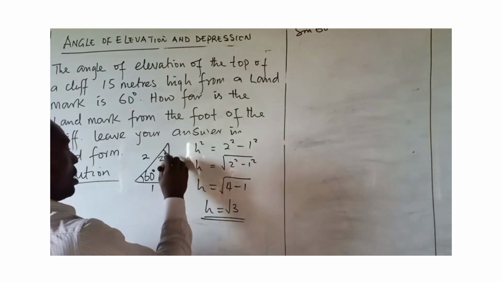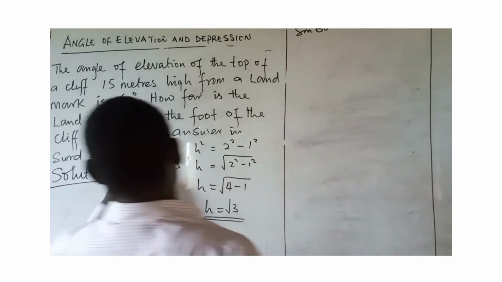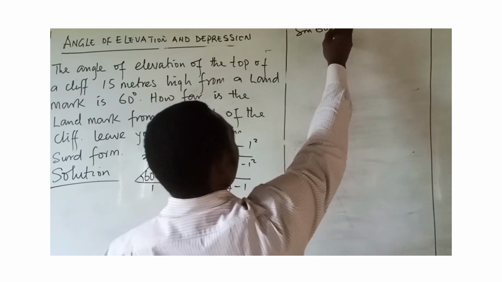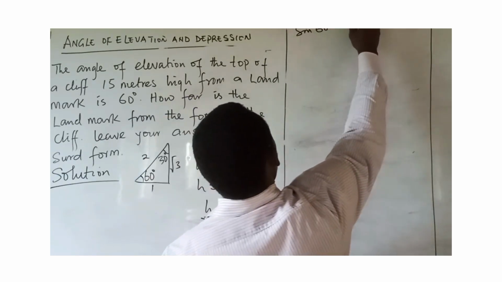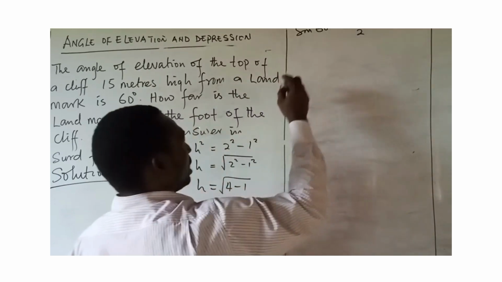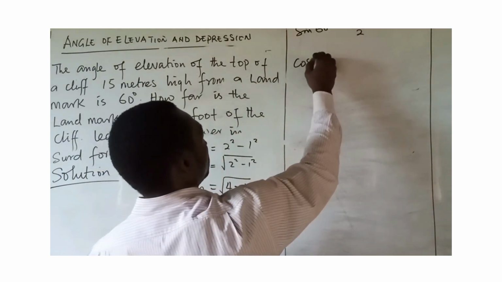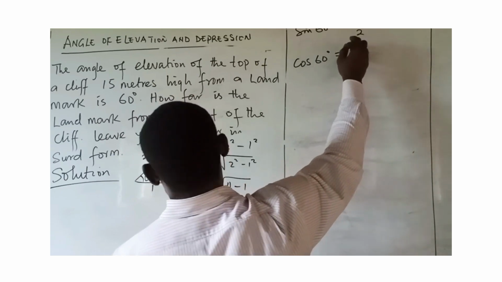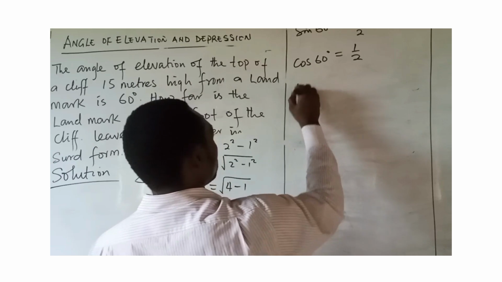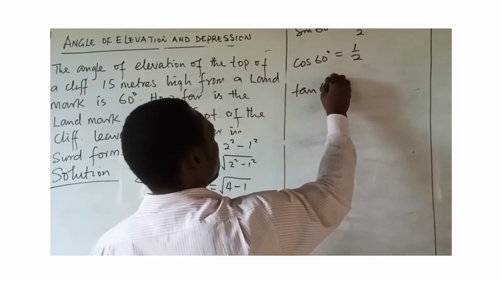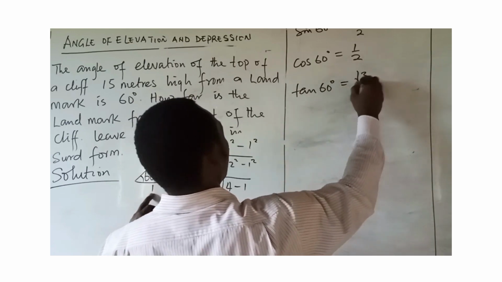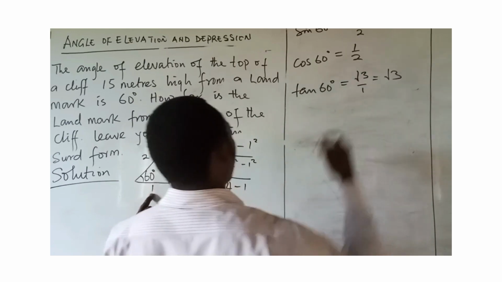Sin 60 degrees is equal to opposite over hypotenuse, which is root 3 over 2. Cos 60 is equal to adjacent over hypotenuse, which is 1 over 2. Tan 60 then is equal to opposite over adjacent, so root 3 over 1 equals root 3.